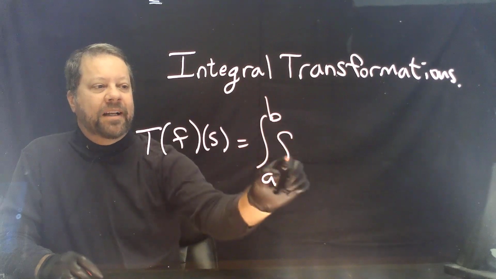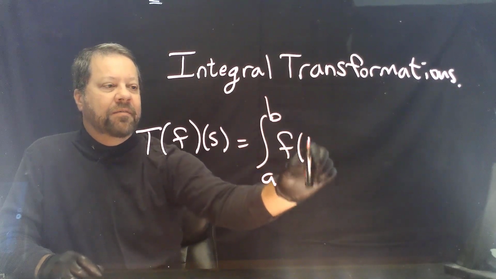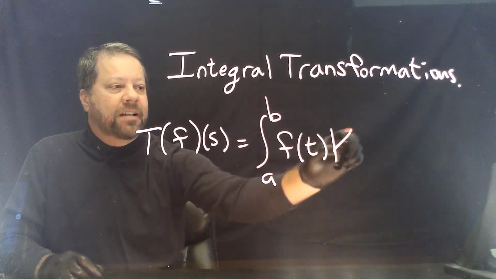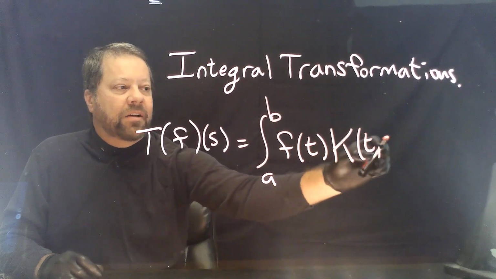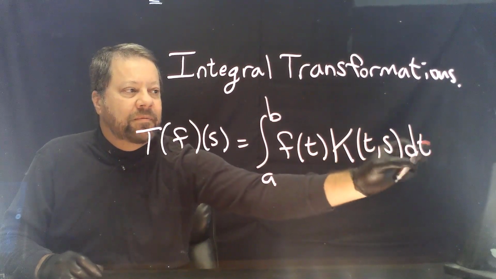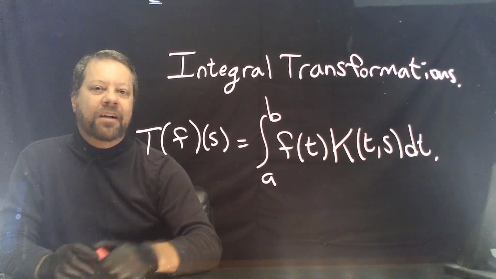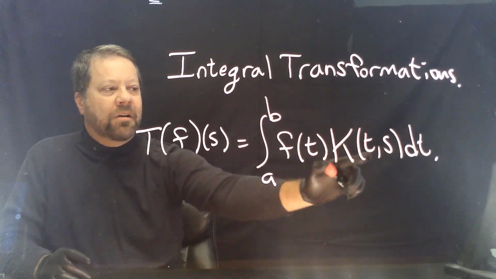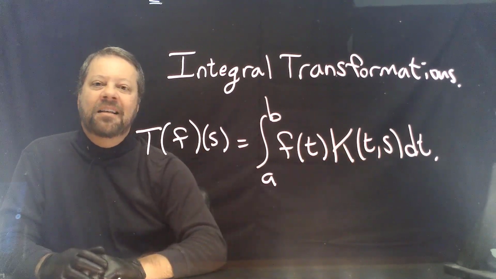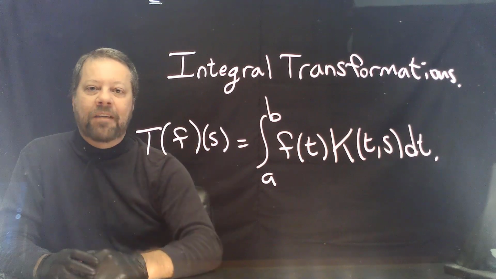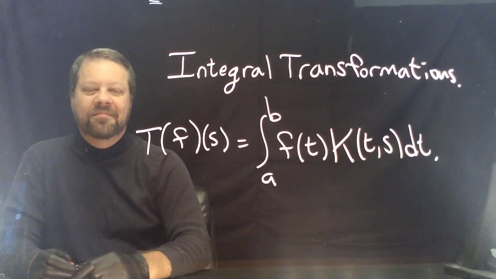You'll be integrating that function against what is called a kernel. You're integrating on the variable t, but the kernel has both t and s, and that allows you to end up with a function of s.